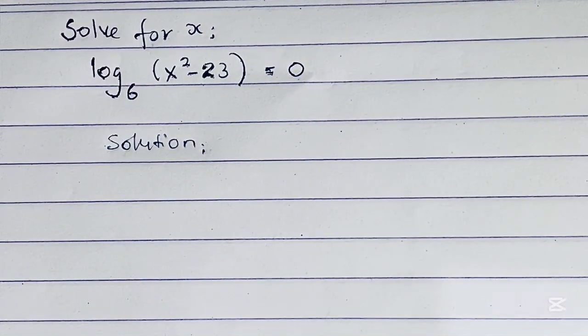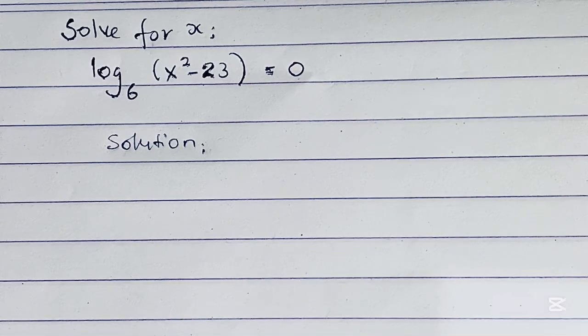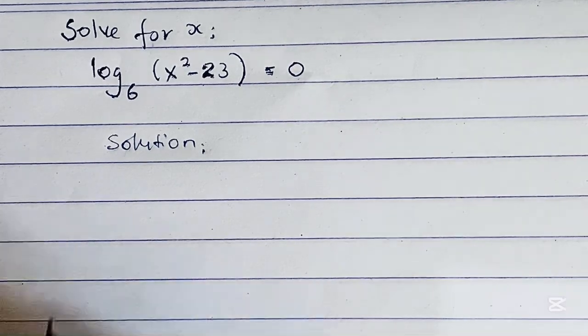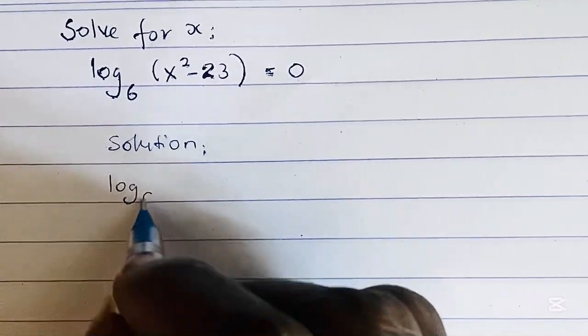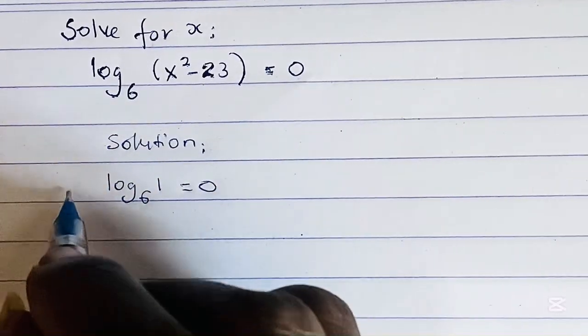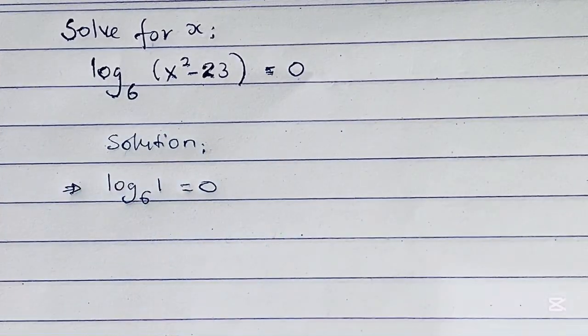So the hint we are going to use here: log base 6 of 1 is the same as 0. So from our equation, where there is 0, we are going to replace it with log 6 of 1.